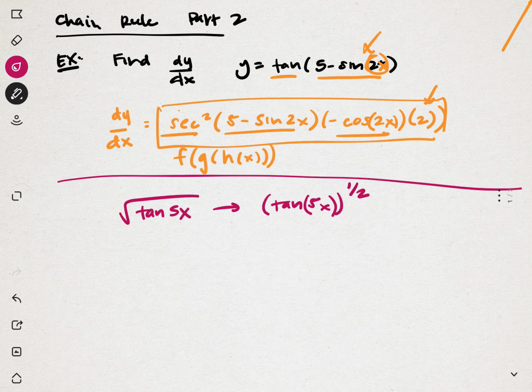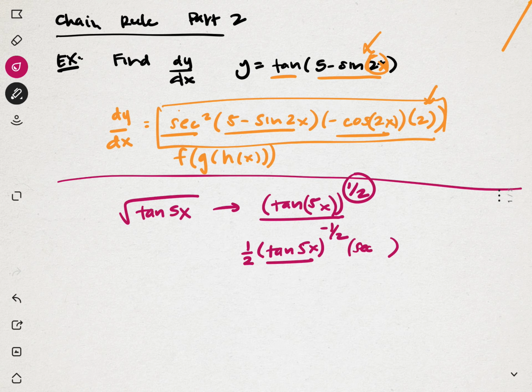So let's work our way through this. The first step is we're going to do our power rule on this outside function here. So we're going to drop down 1/2. The inside stays the same. And then we're going to subtract 1 from the 1/2, which is negative 1/2. We're going to do the derivative of the inside here, which is secant squared 5x.